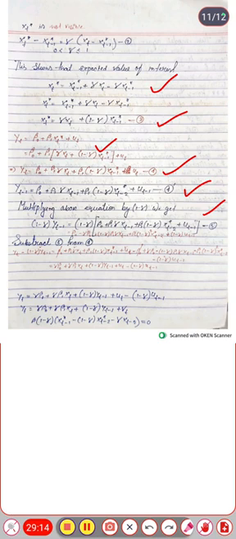Subtracting this from equation 4, ultimately we get Yt minus 1 minus gamma Yt minus 1 equal to gamma beta naught plus gamma beta 1 Xt plus 1 minus gamma times Yt minus 1 plus ut minus 1 minus gamma ut minus 1.